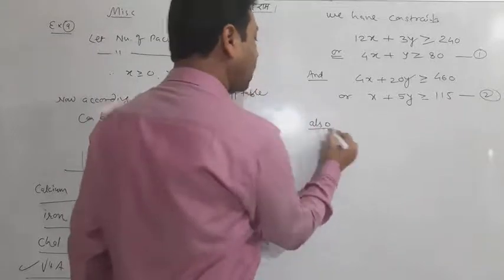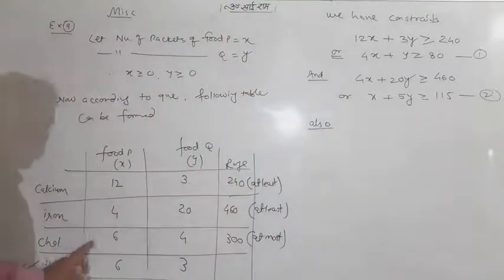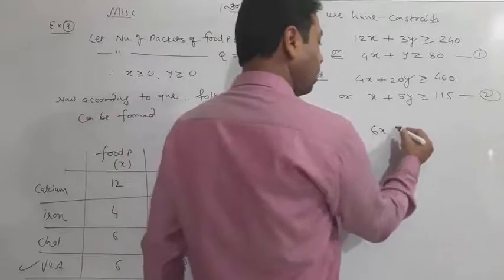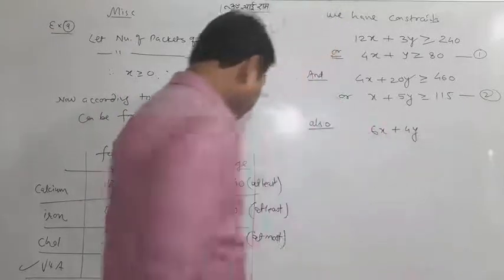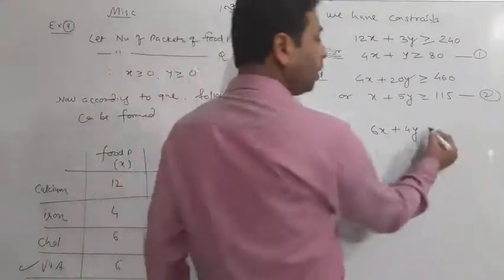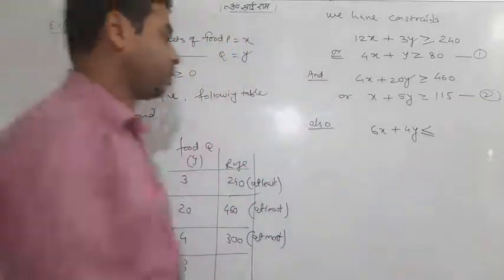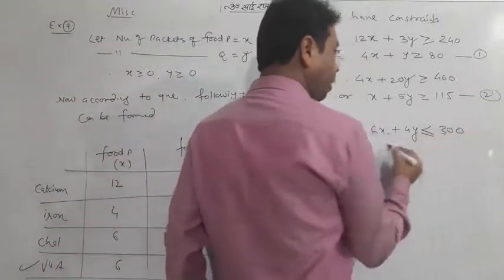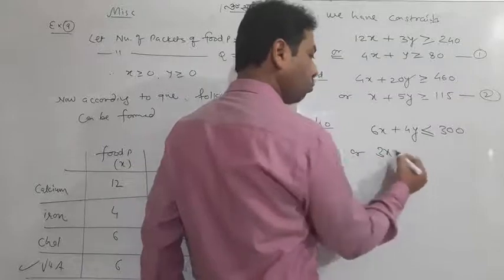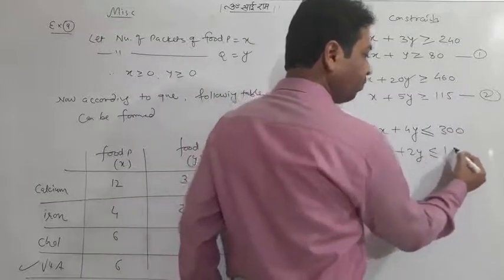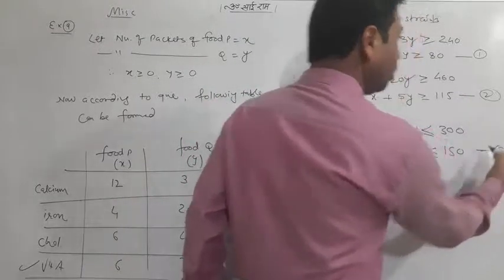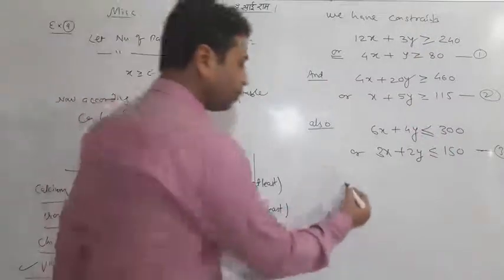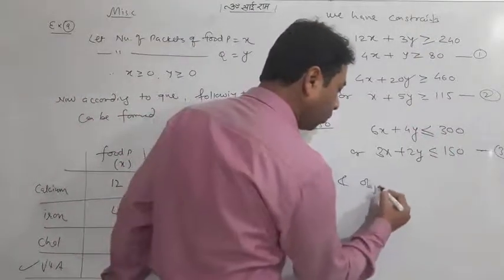Also, the last one is cholesterol: 6x plus 4y. It is at most, so at most will follow this symbol, and it is 300. So I divide by 2. So we have 3 inequalities, and the objective function will be obtained.